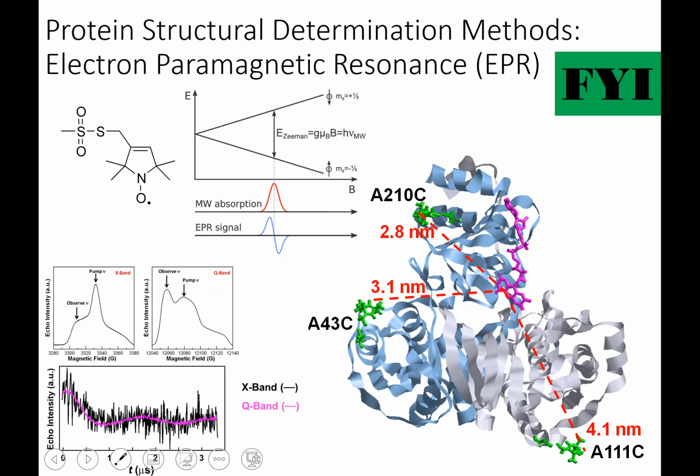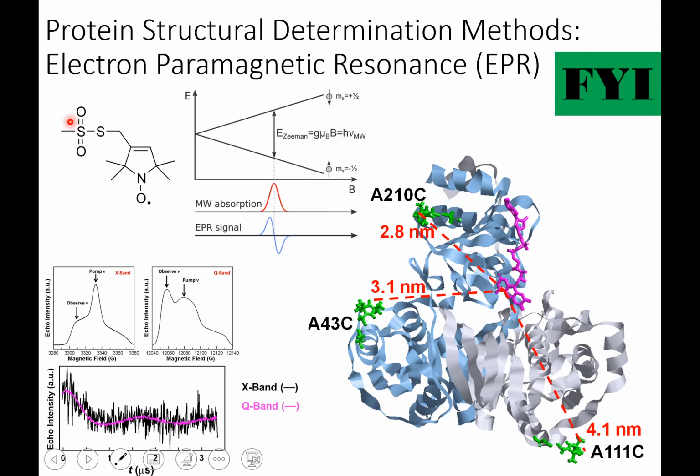Okay, the third one that I'm including here, just because I've done it, is something called electron paramagnetic resonance, or EPR. This is a very closely related technique to NMR, but instead of nuclear spins, you're using electron spins.